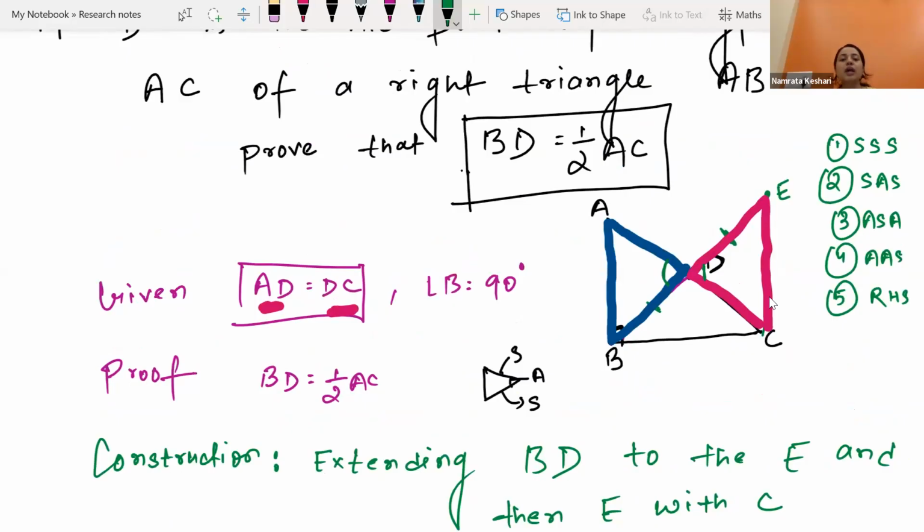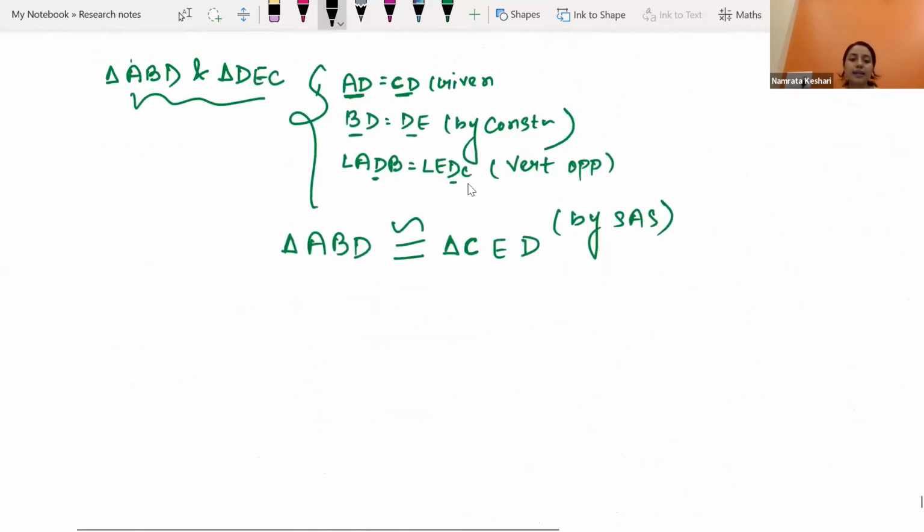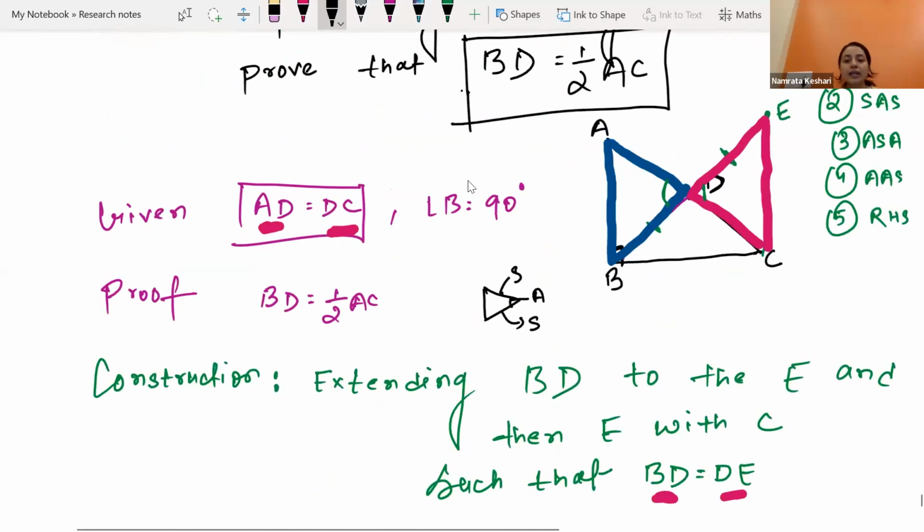If this blue triangle and that pink triangle are congruent with each other, from the congruency we can also say that angle A over here is equal to angle C over there. Let me mark it. On the basis of this angle, by CPCT it will be the same, because we have already proved that these two triangles are congruent.